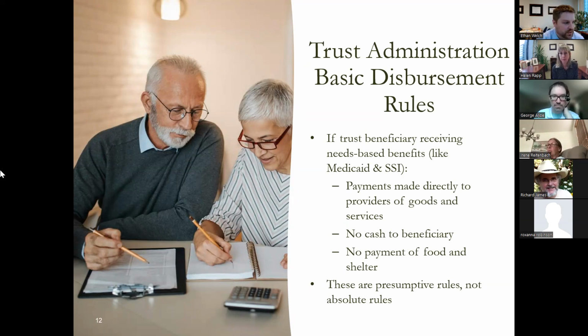There's a question, George, that came up. If they don't get SSI and only receive SSDI, can you pay for food and shelter related expenses from the trust? Yes, Medicaid does have a similar rule about in-kind income. Honestly, I don't see Medicaid enforcing this rule as often as SSI does.